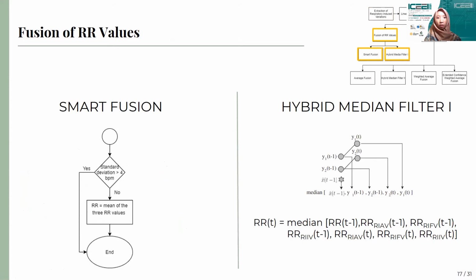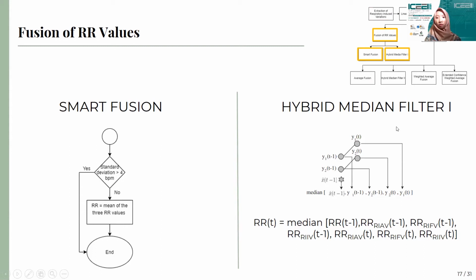For the first method, we use fusion of the RR values. There are two different methods that we would like to compare here. The first is smart fusion, which comes from the same topic. It calculates the RR by the mean of the three respiratory rate values if the standard deviation is less than 4 breaths per minute.